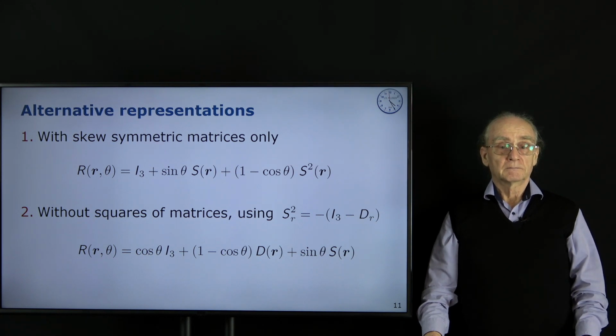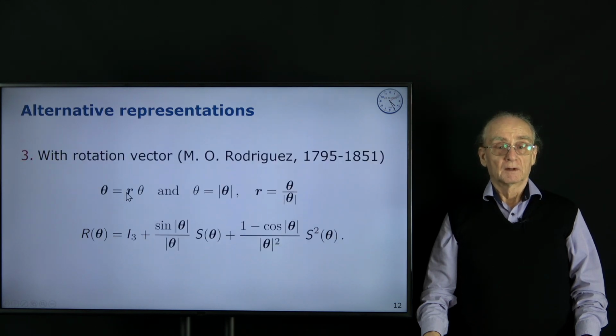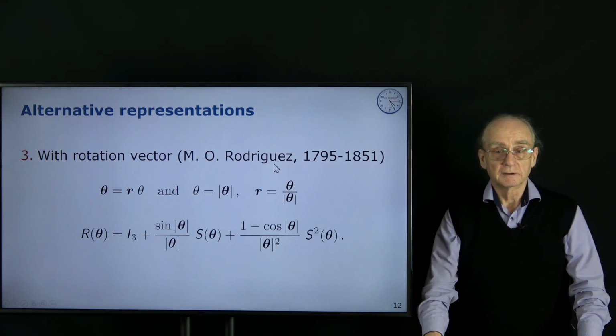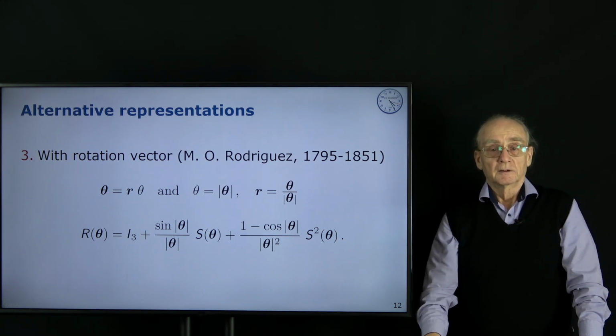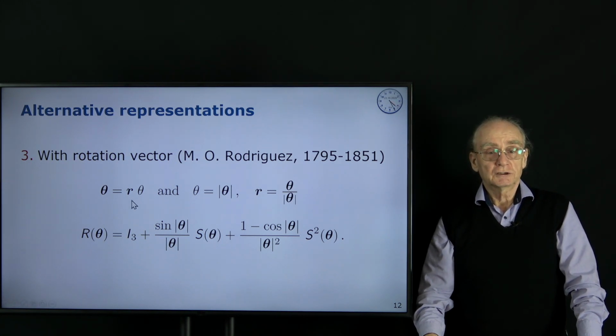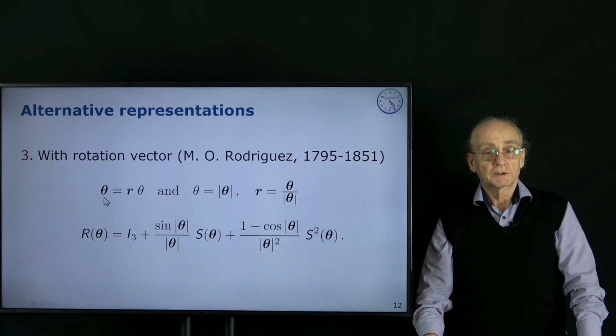And we now can also go further and ask what happens if we don't make the whole expression depend on r and theta separately, but only on the product. Then we get the following result, which was already shown by Rodrigues in the middle of the 19th century. So we take the rotation vector, which is the product of the direction vector r multiplied with the angle.